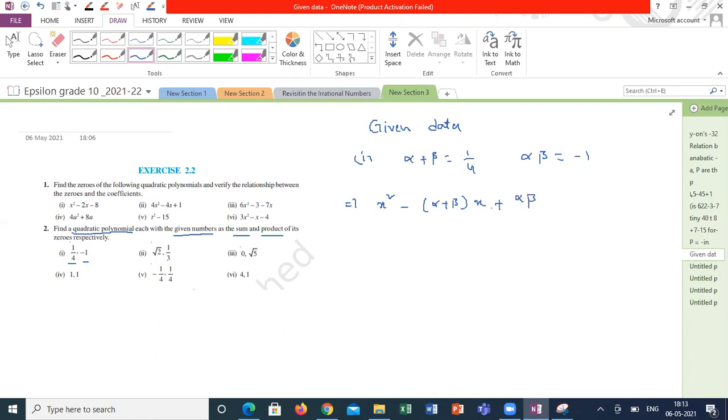This is the quadratic expression I can generate using the sum and product of its zeros. That means my quadratic polynomial is x square minus sum of zeros into x plus product of zeros.